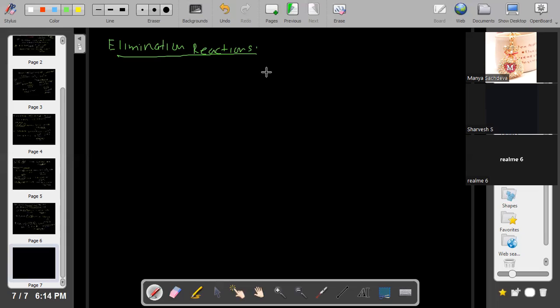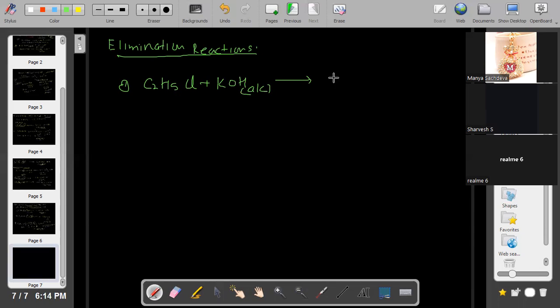How will you do this? When C2H5Cl will undergo reaction with KOH alcoholic. ALC means alcoholic. In presence of alcoholic KOH, this HCl will move out.